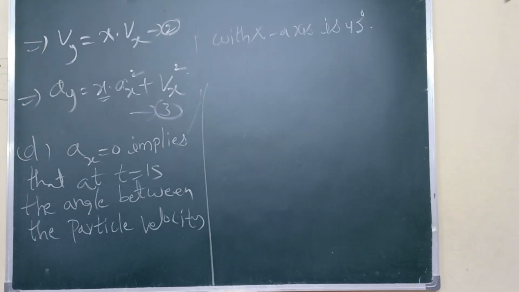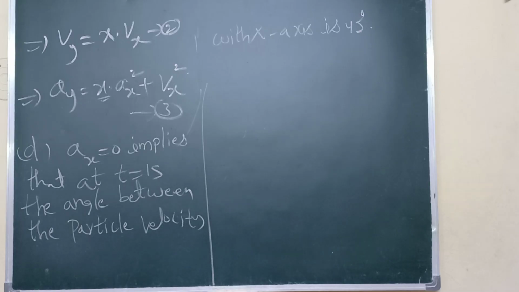That is the d bit. If Ax equal to 0 implies that at t equal to 1 second, the angle between the particle velocity with x-axis is 45 degrees. That we are showing.